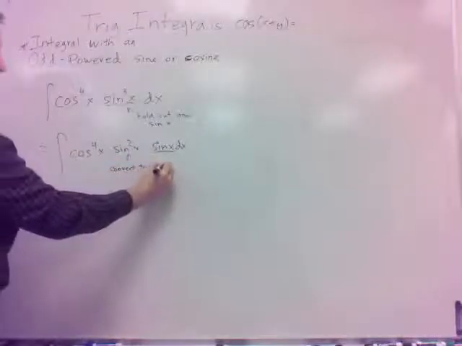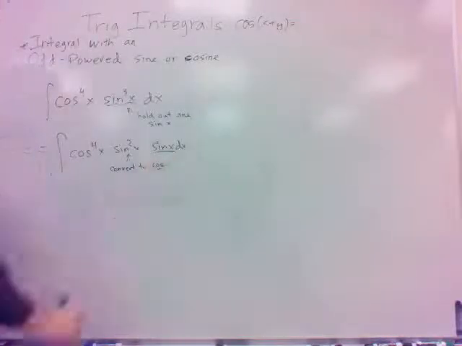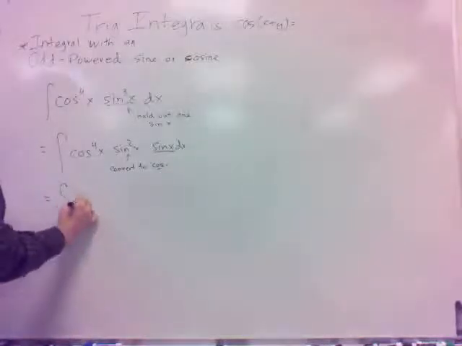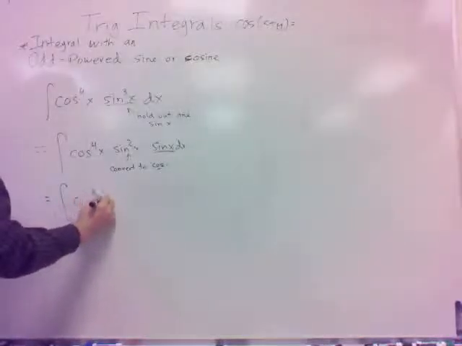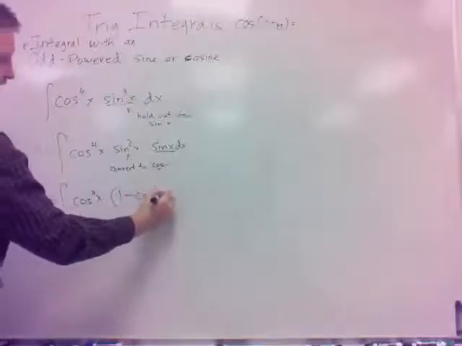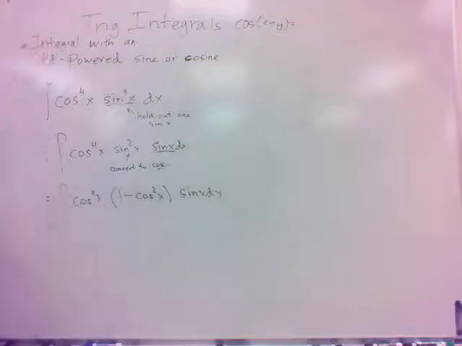How would I do that? Using 1 minus cosine squared, the Pythagorean identity. So cosine to the fourth x times 1 minus cosine squared x, times sine of x dx.